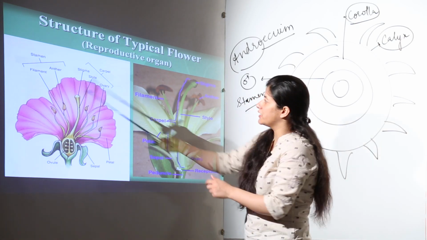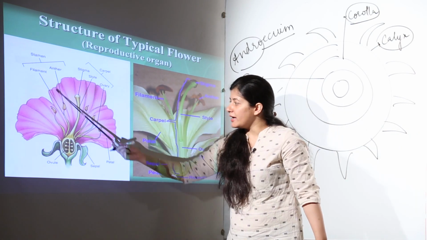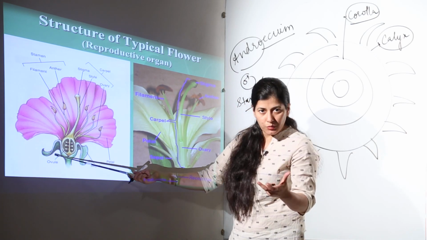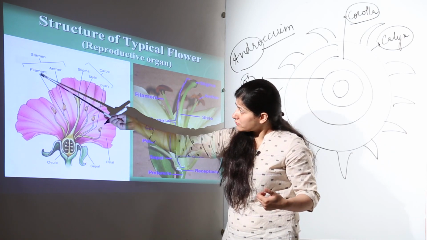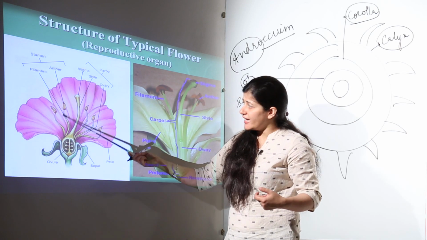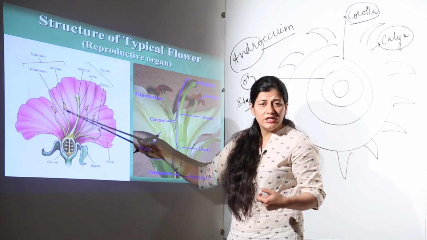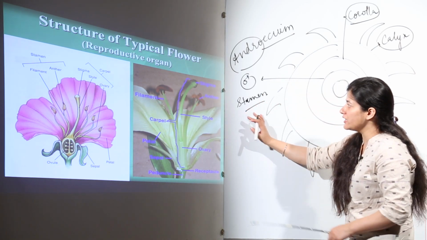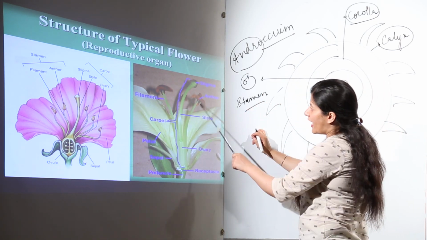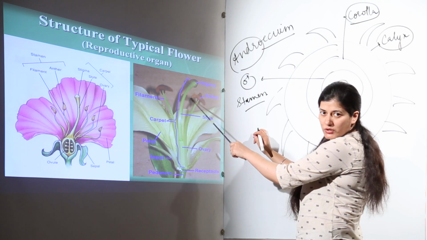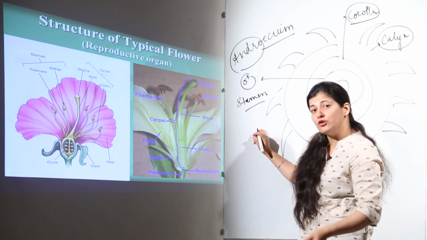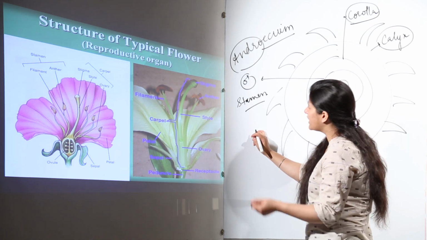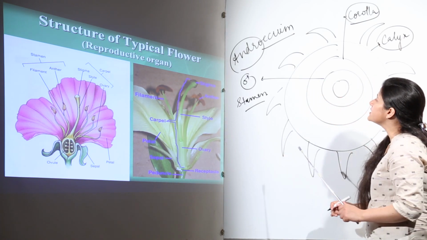As you can see over here, this is stamen, the appendage present on the third whorl, which has a long slender filament over which we have the presence of anther in which we find the pollen grains. So we have stamen that is made up of filament and anther. As you can see, this part is going to bear the pollen grains and there you would find the male gametes. That is again part of the subsequent lessons.